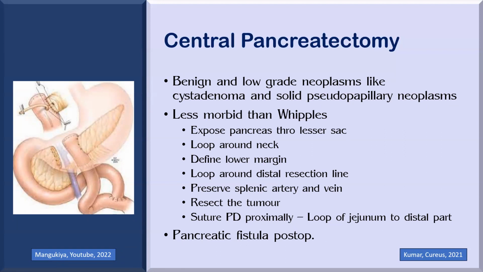Many times you preserve the splenic artery and vein in this, and then you can resect the tumor. You can suture the PD proximally and put a loop of jejunum onto the distal part. Whenever you cut the major pancreatic duct or damage it, you can safely say one of the complications is a post-op fistula.